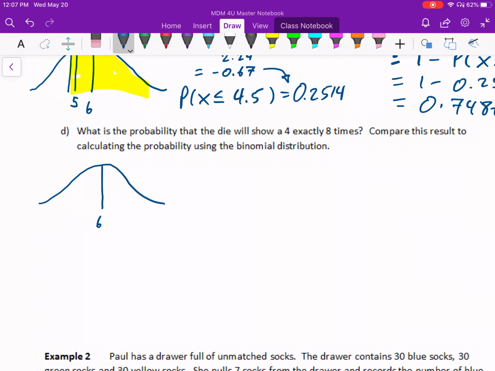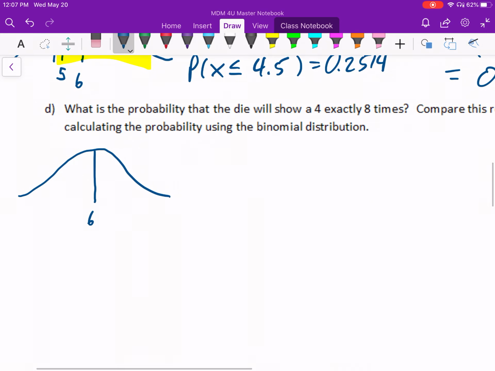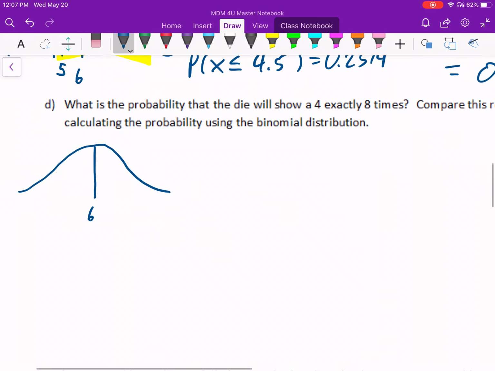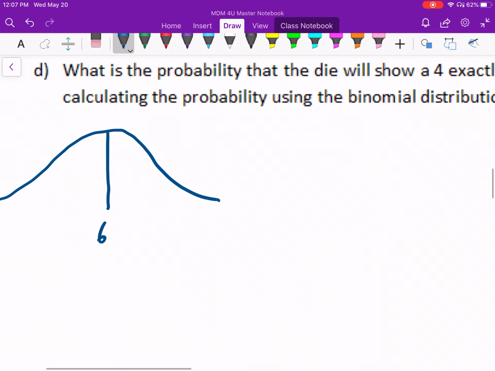So here's another sketch. Here's 6, our mean, and we want exactly 8. Let's say that 8 is here, which means with the continuity correction, I need to go from 7.5 to 8.5 and find that area there.